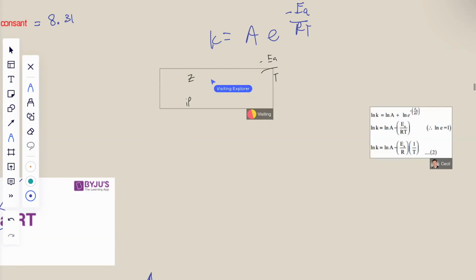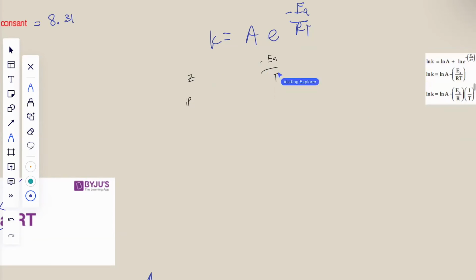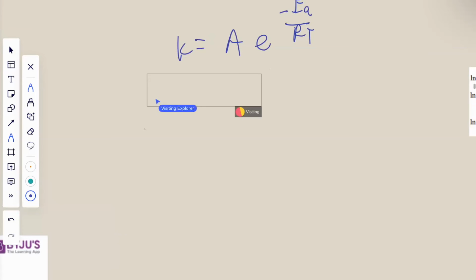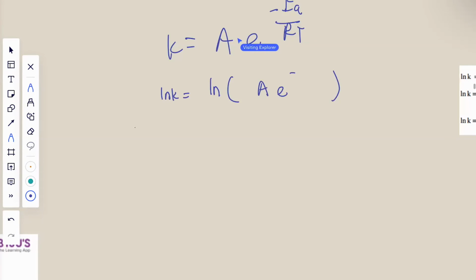Okay, I tell you how to do this. Very simple. ln K is equals to ln of all these things, right? A e power minus EA over RT, which is equals to, this is multiply, right?